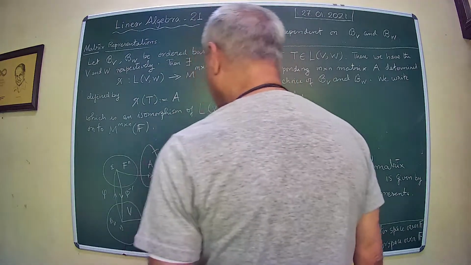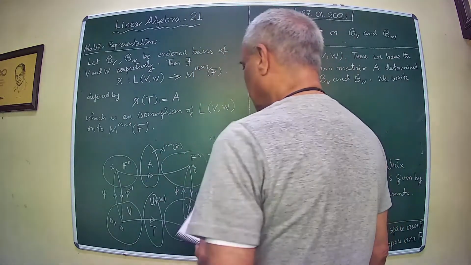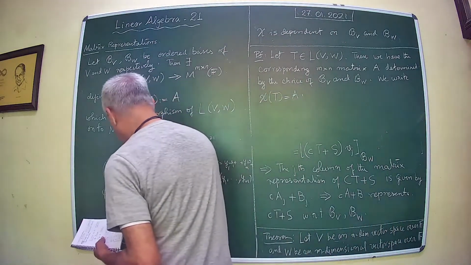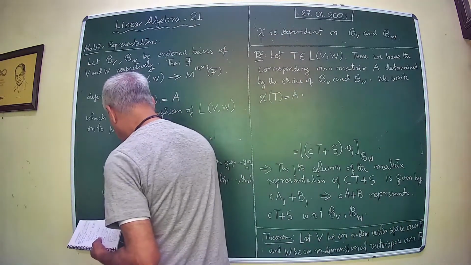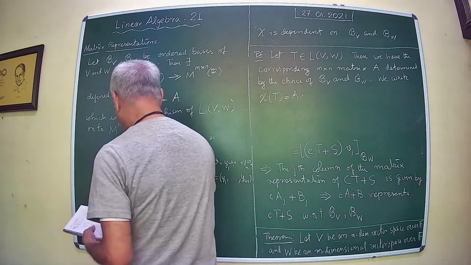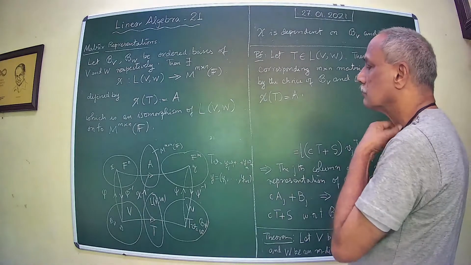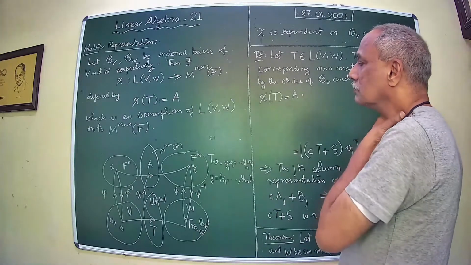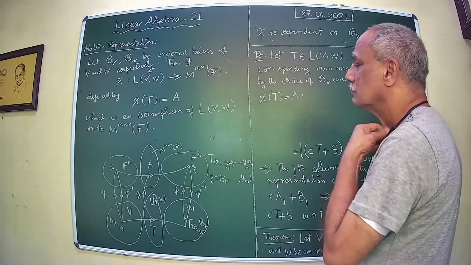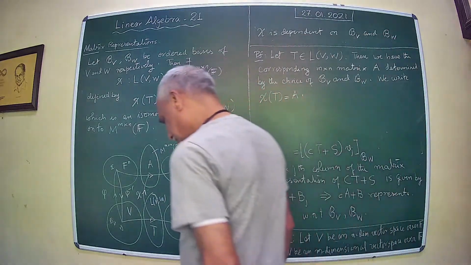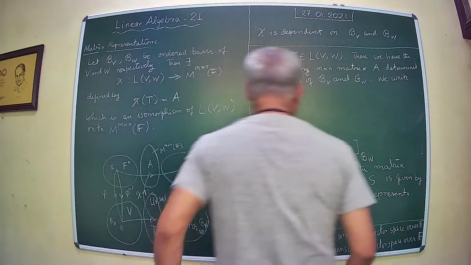Okay, so what are the things that we have to verify? So this is your thing. So given T, how do you get your A?